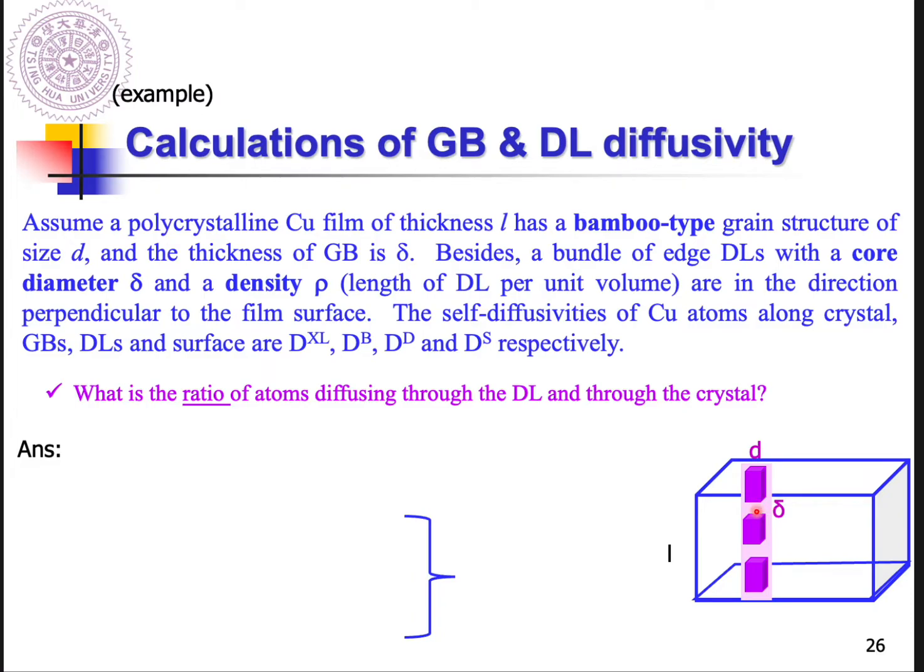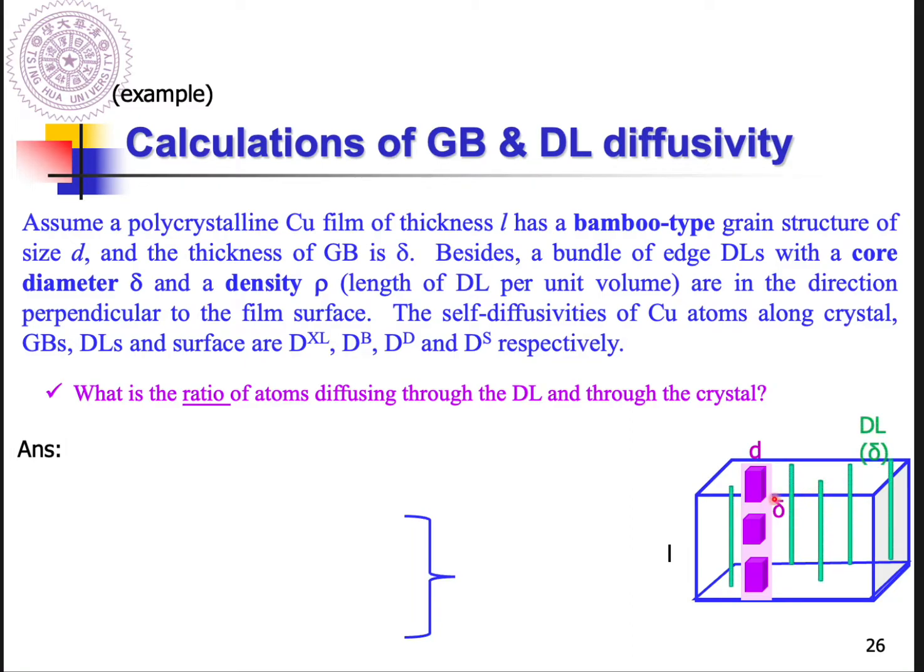Besides, a bundle of edge dislocations with a core diameter delta and a density rho are in the direction perpendicular to the film surface. So we still have bundles of dislocation perpendicular to the film surface.